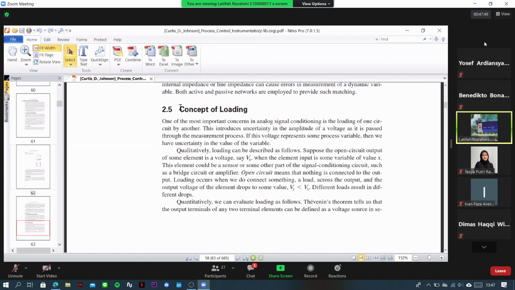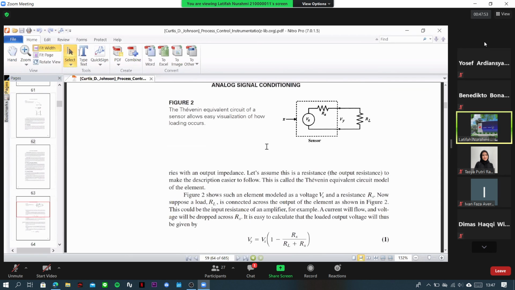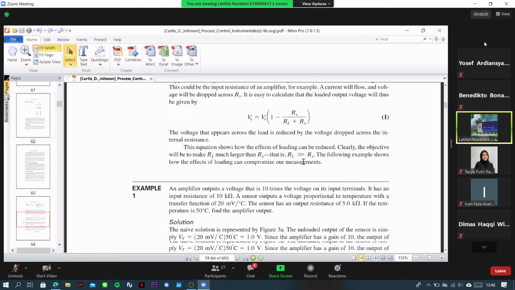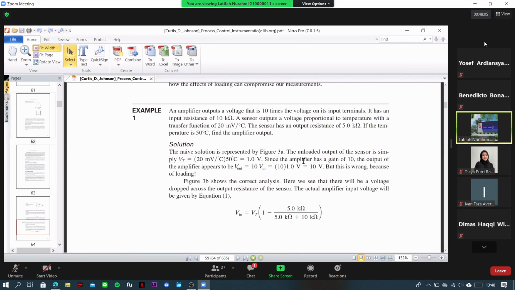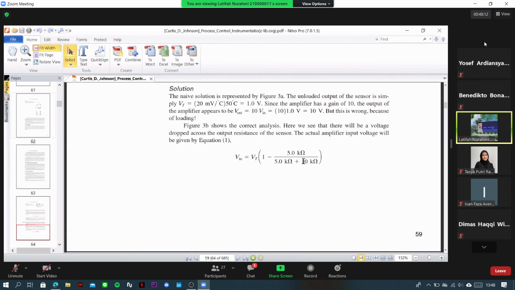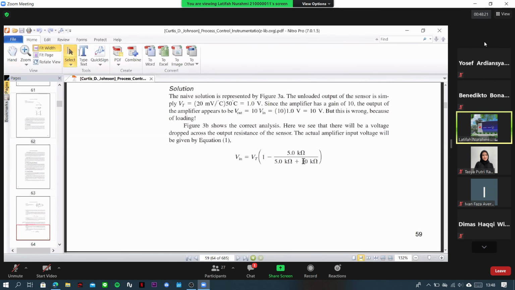And the concept of loading. We have learned about this. You can take a look here. Here is the formula that you will use to find the loading, the amplification from the output, to find the output from the input if there is loading from the sensor and from the gain itself.